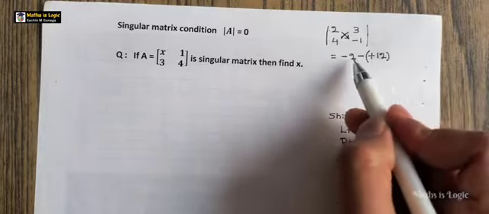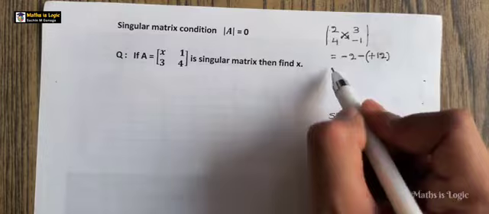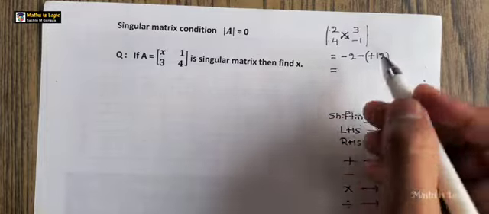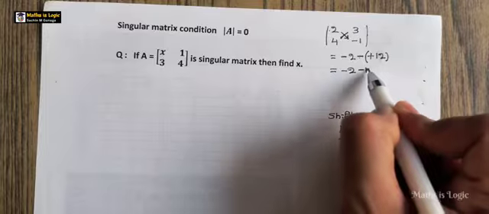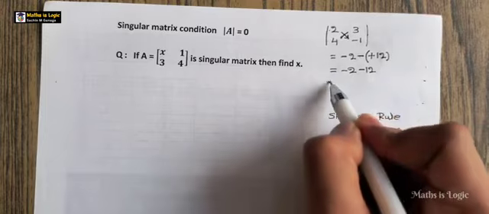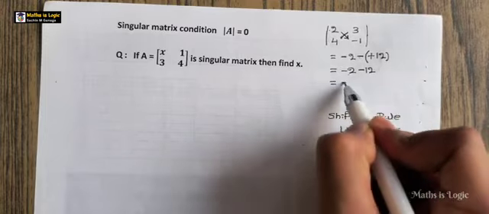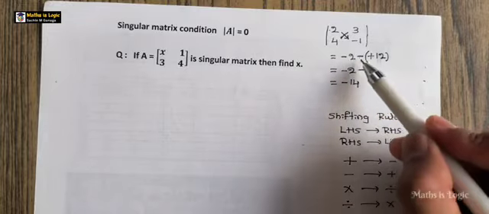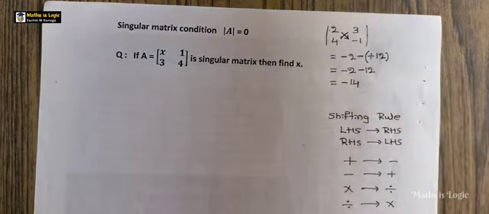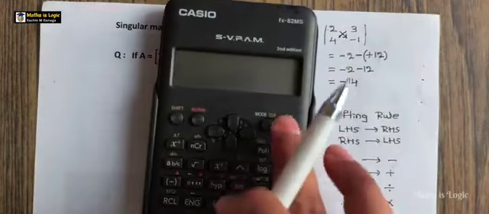Here directly you can use the calculator. Otherwise, if you want to simplify further, minus 2, keep it as it is. Minus into plus is minus 12. Next minus 2 minus 12 is how much here? Minus 14. Otherwise, here if you use calculator directly, okay, I will show you.